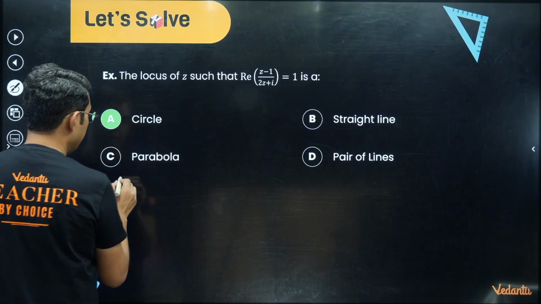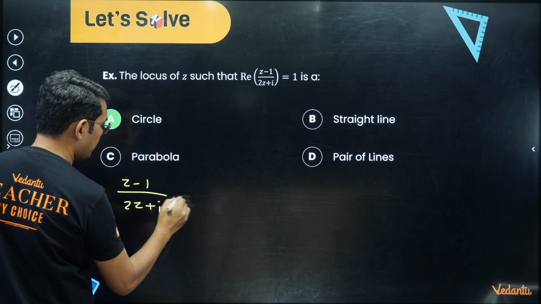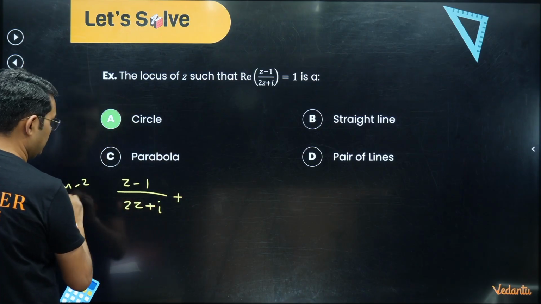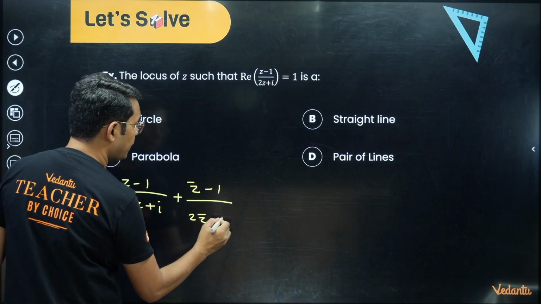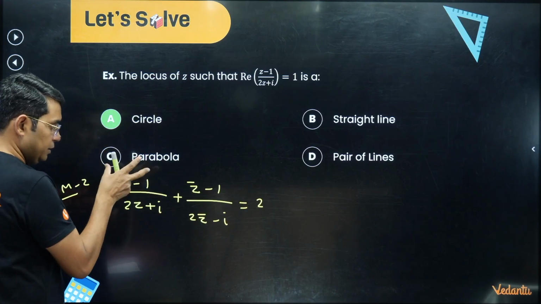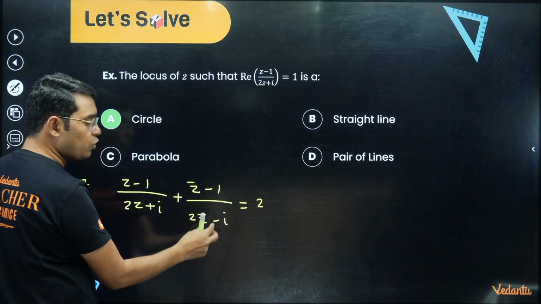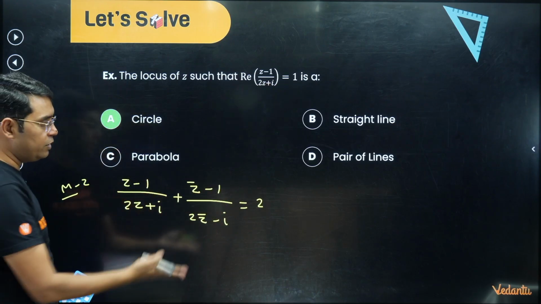So what I was saying: (z minus 1) upon (2z plus iota) plus (z bar minus 1) upon (2z bar minus iota), and that should be equal to 2, because a complex number plus its conjugate becomes equal to 2 times its real part, and we are given the real part being 1, so it will be 2.